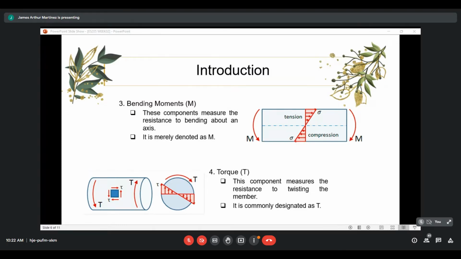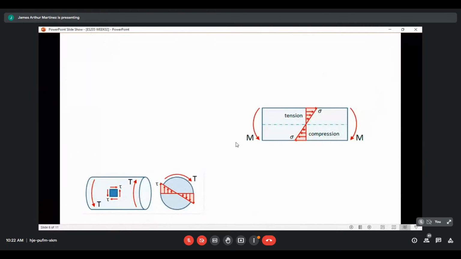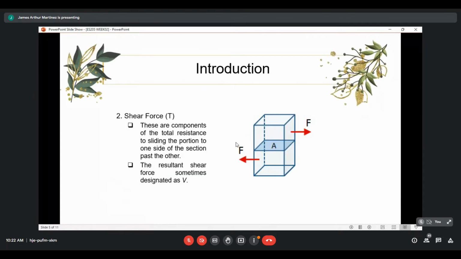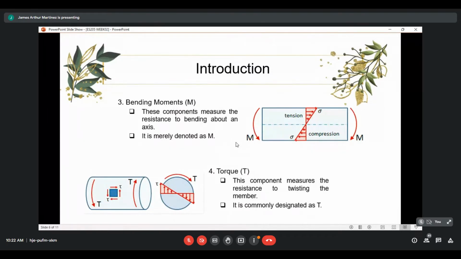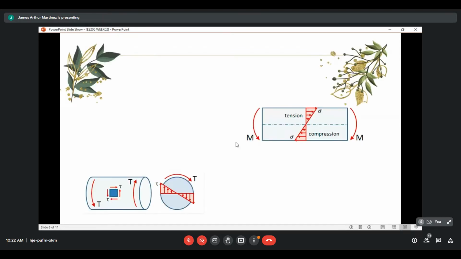Torsion or torque is commonly designated as letter T. So I emphasized earlier that shear force is not designated as letter T, since most likely letter T is torsion or torque. So again, shear force is represented by tau, or to avoid confusion you can just use letter V to designate shear force.